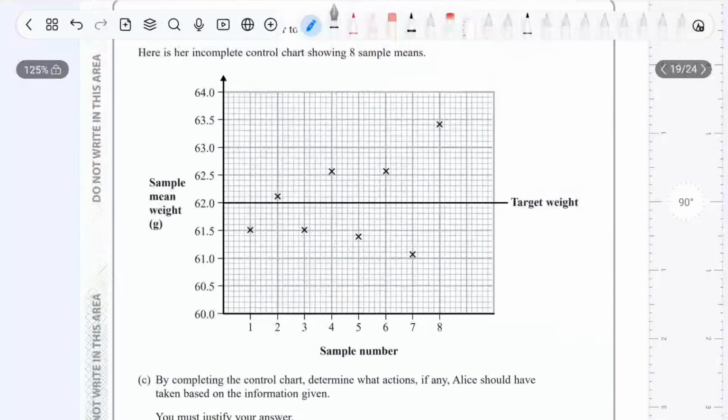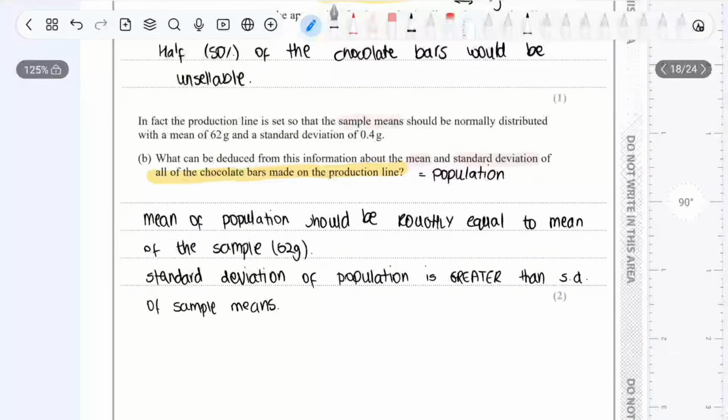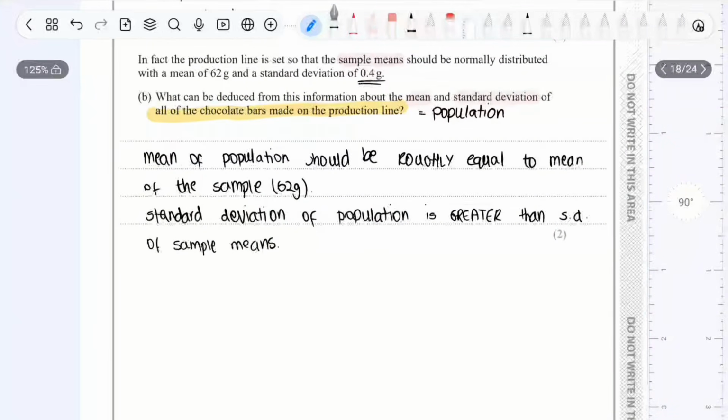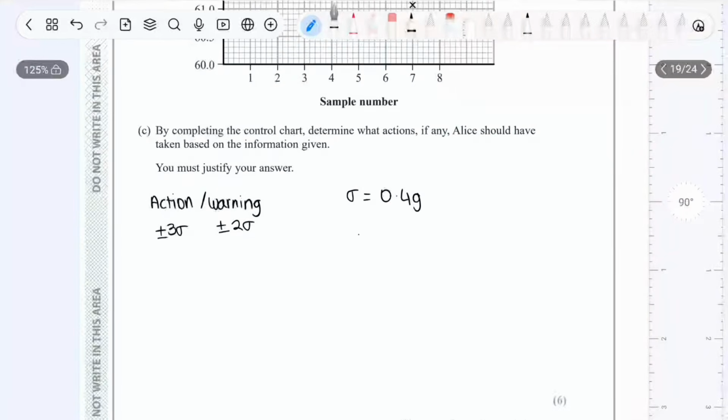So first of all, let's look at the standard deviation. Standard deviation given to us is 0.4 grams. The mean is given to us as 62. Now we always look at the warning limits first, or I do anyways, so we're going to do plus or minus 2 lots of the standard deviation.